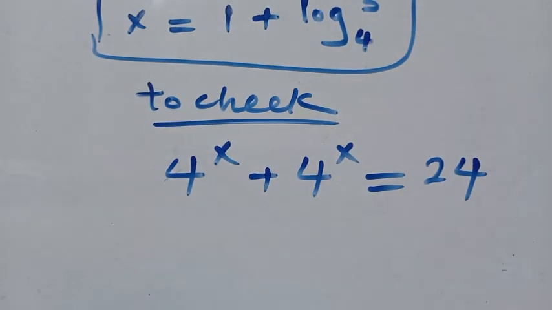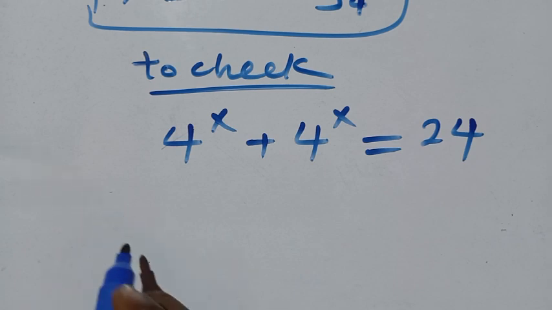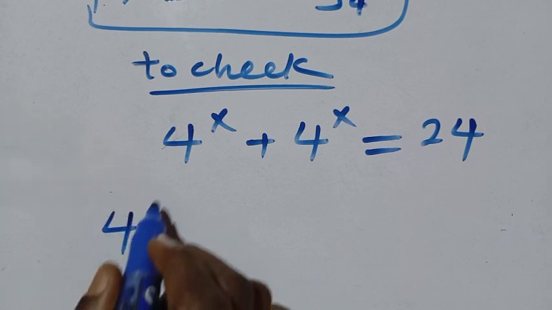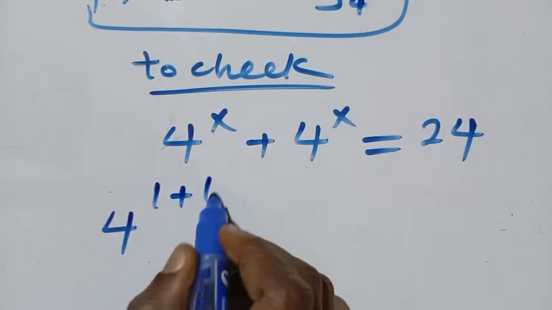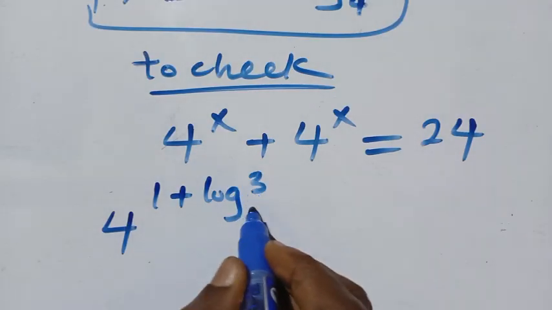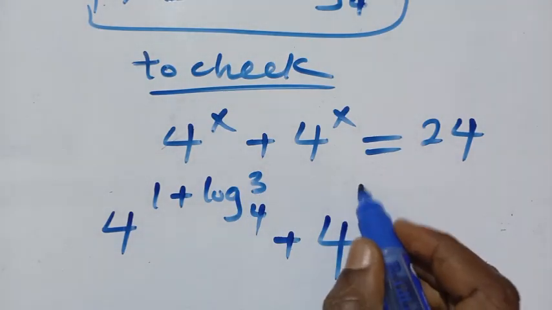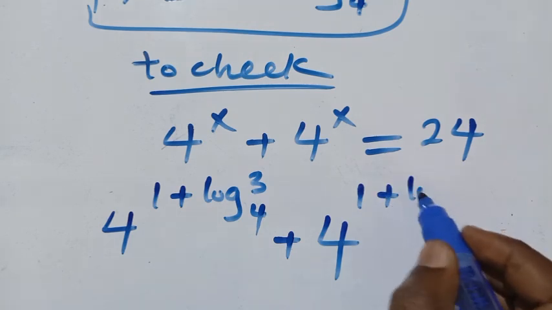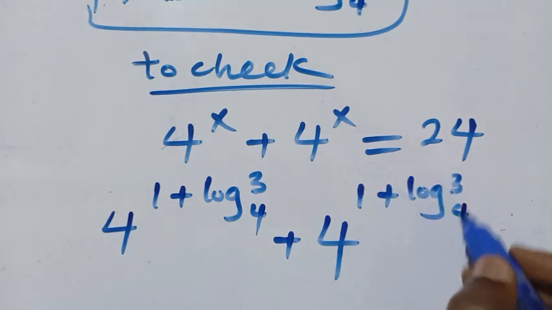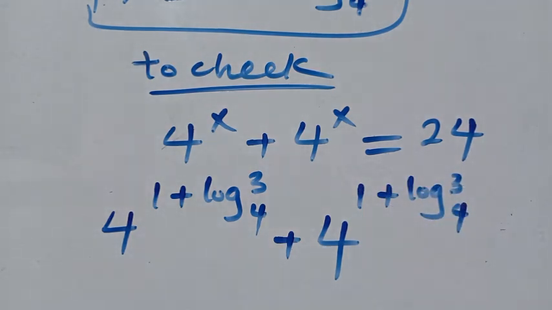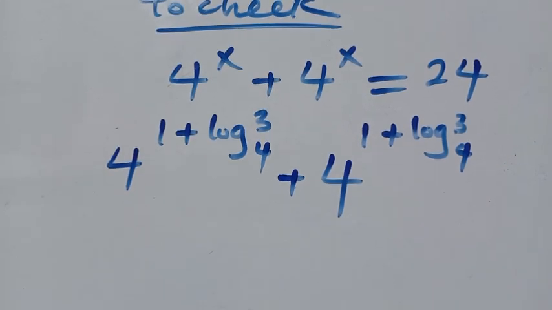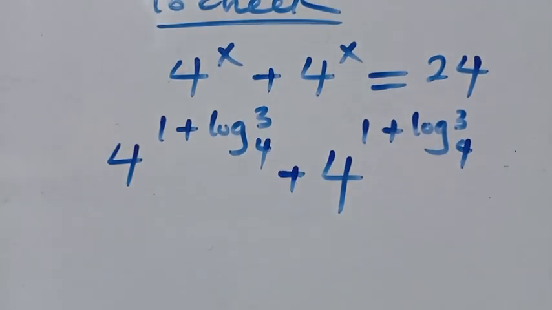Here, we are going to replace x with the answer we got above, which is 4 to the power of 1 plus log 3 base 4, plus 4 to the power of 1 plus log 3 base 4. Our aim is to verify that this equals 24.